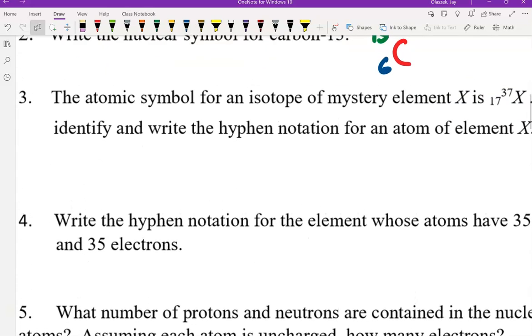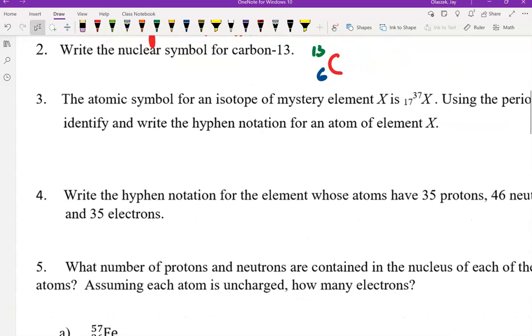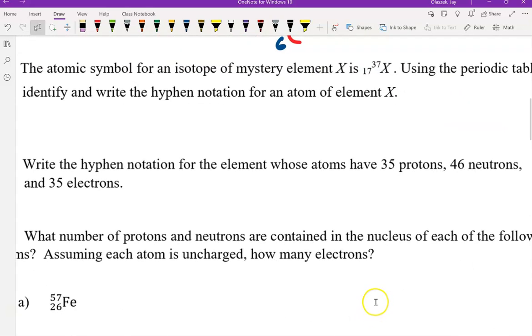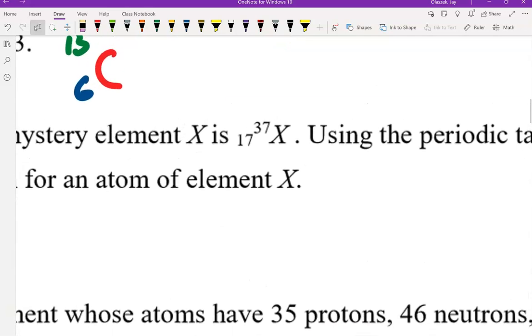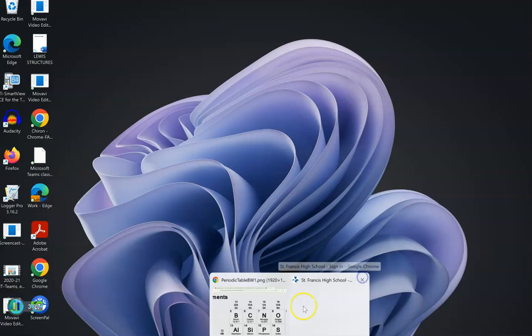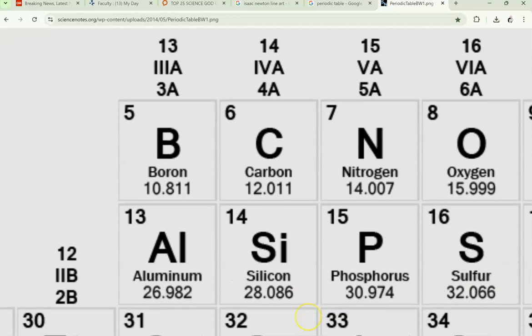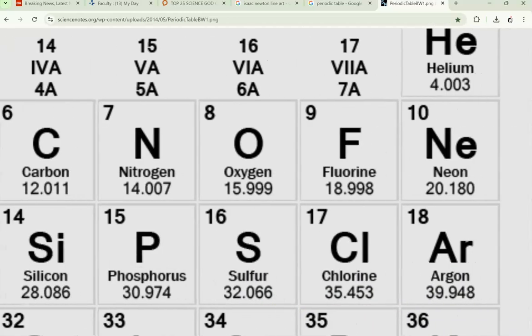This problem does not specify charge, so we're not going to indicate anything to the upper right of our nuclear symbol. Here we have the atomic symbol for an isotope of a mystery element X. What we know about this particular mystery element is that its nuclear symbol notation indicates that it has an atomic number of 17. There's really only one element with an atomic number of 17. It has to be chlorine.